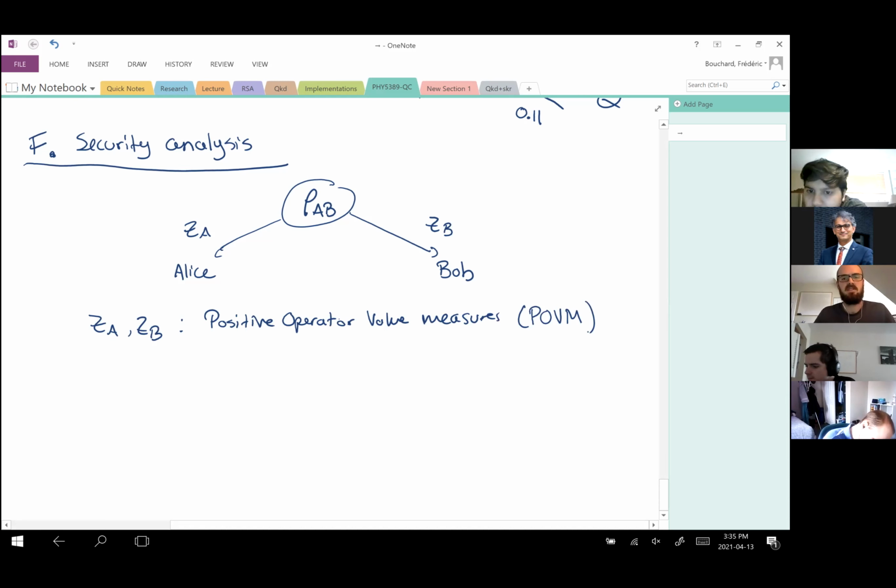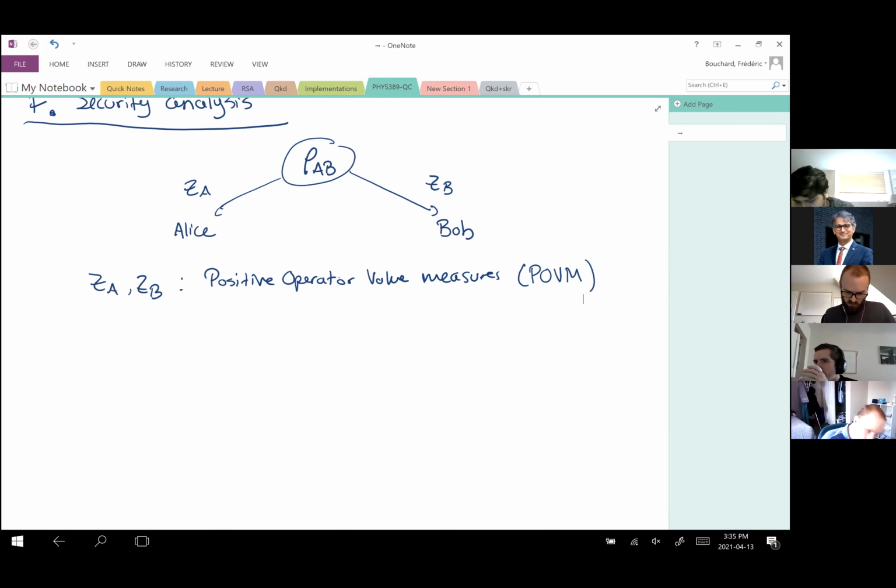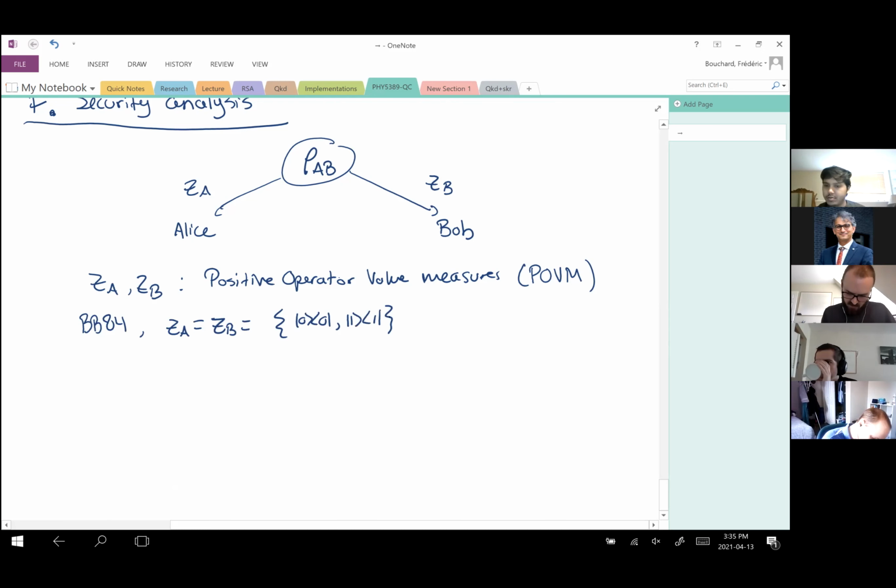What that means is it can be projective measurements, or any kind of measurements, that when you add them up, add up to the identity. So you want this to be complete. For example, for BB84, Z_A and Z_B were half of the case this, and the other half, I'm just going to call them plus and minus, but you know what they are.